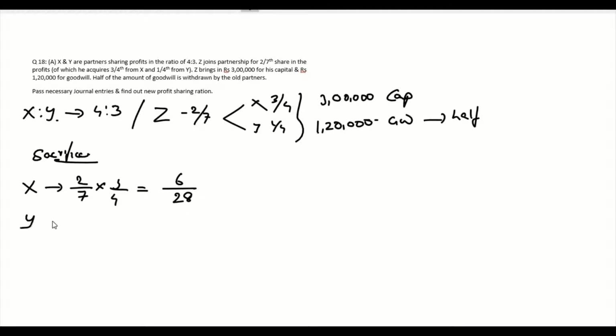And then from Y, we have Z's share, which is 2/7 multiplied by Y's contribution, which is 1/4. That is equal to 2/28. So the sacrificing ratio between X and Y is equal to 3:1.